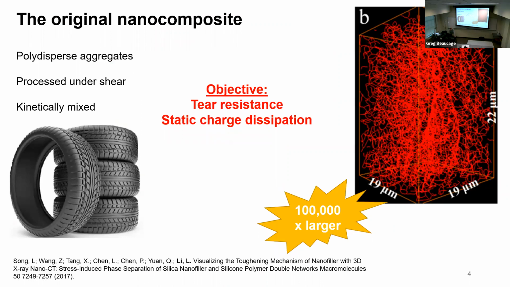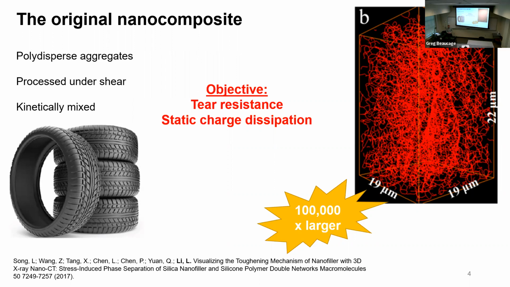So this is what happens in reality. This is 20 microns, like the radius of a human hair. This is an X-ray tomograph. You take a piece of tire to a synchrotron, do rotational radiography, and from that reconstruct the 3D structure.